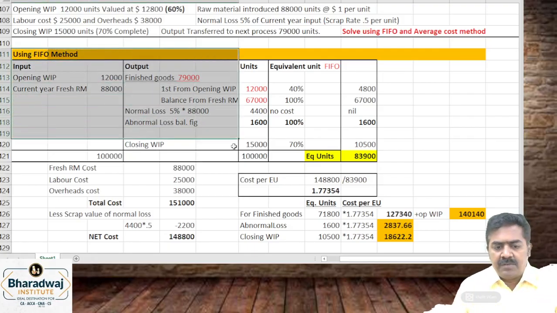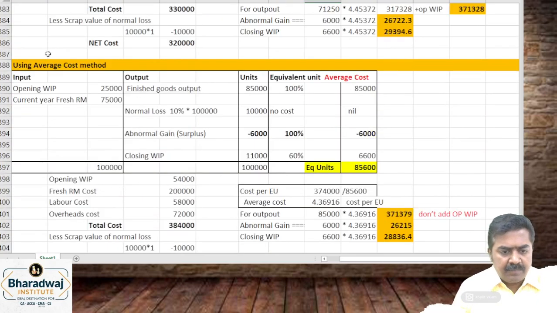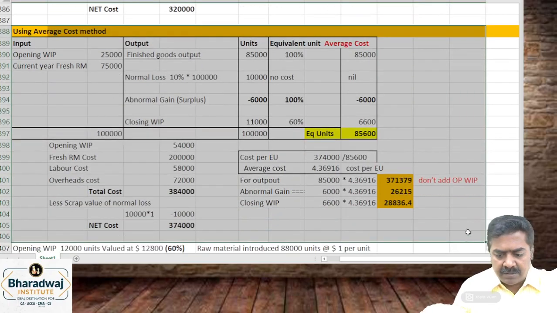This is using which method? FIFO method. Next, using weighted average method.